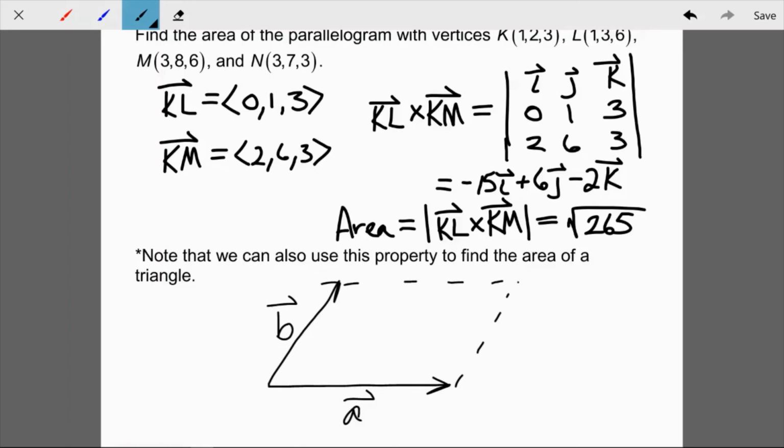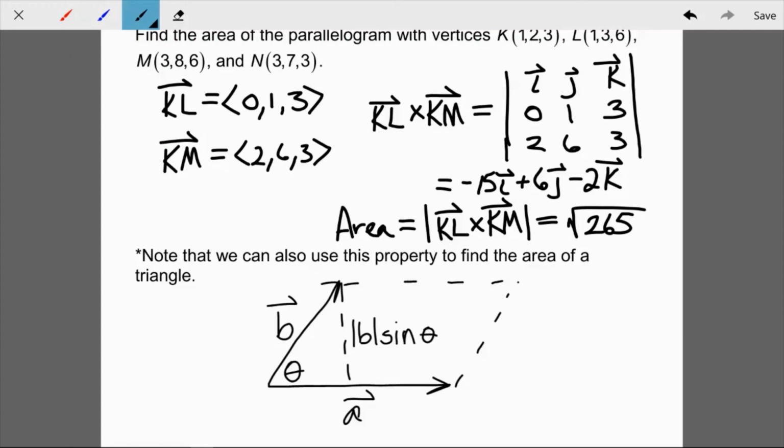This is kind of what I'm looking at. If I were to find the cross product, remember that the cross product is magnitude A, magnitude B times the sine of theta. Well, if I get this distance right here, and I'm calling this angle theta, what that is actually is the magnitude of B times the sine of theta.